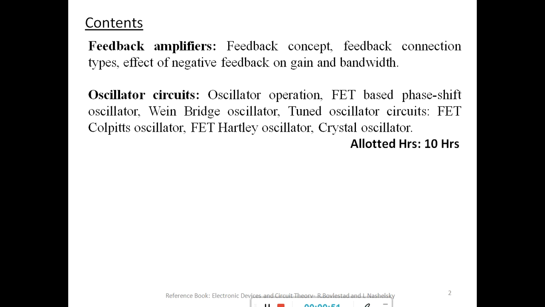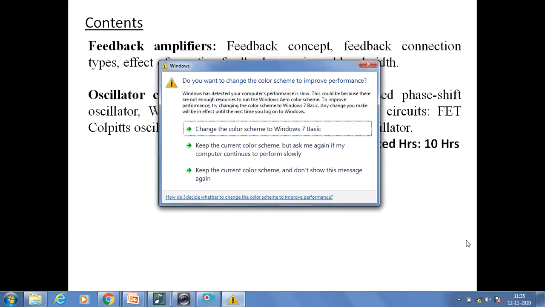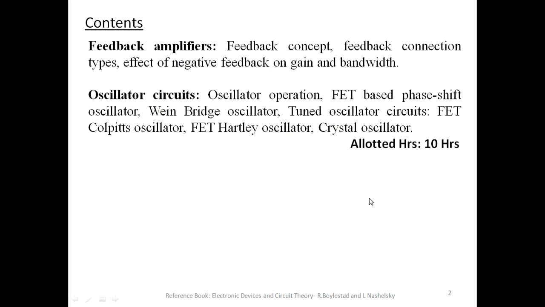Then we'll focus on oscillator circuits. Oscillators are mainly based on positive feedback, so we'll understand their operation, and focus on different types of oscillators with respect to FETs, wherein we have phase shift oscillators, Wien bridge oscillator, tuned oscillators, and so on.